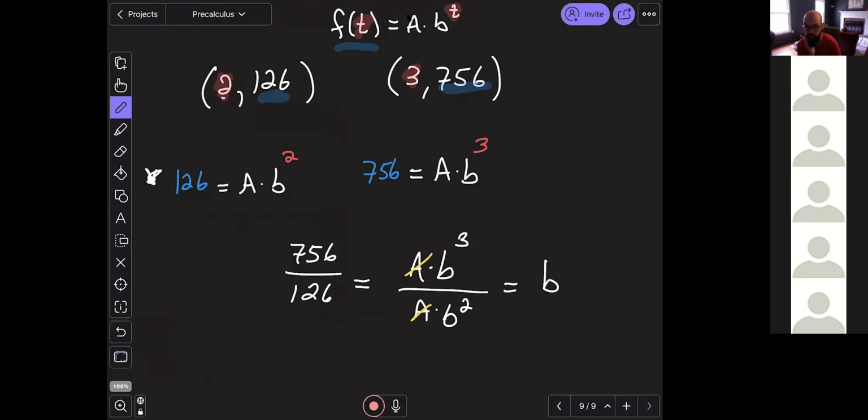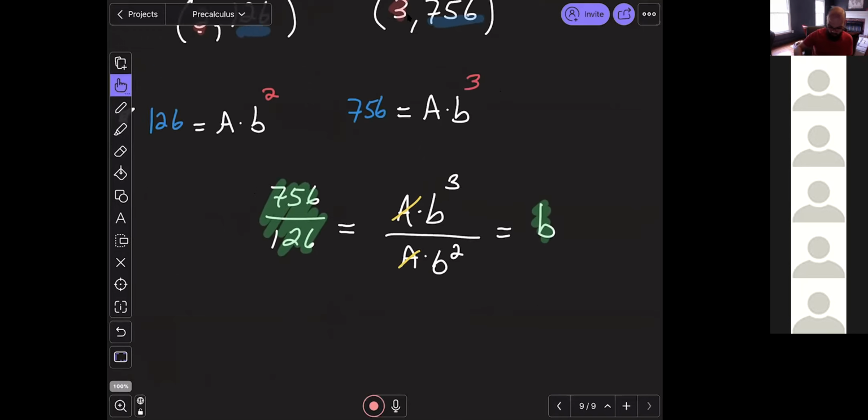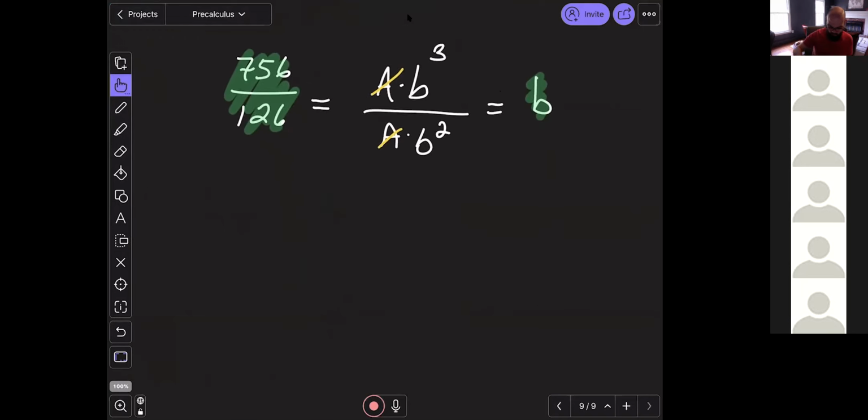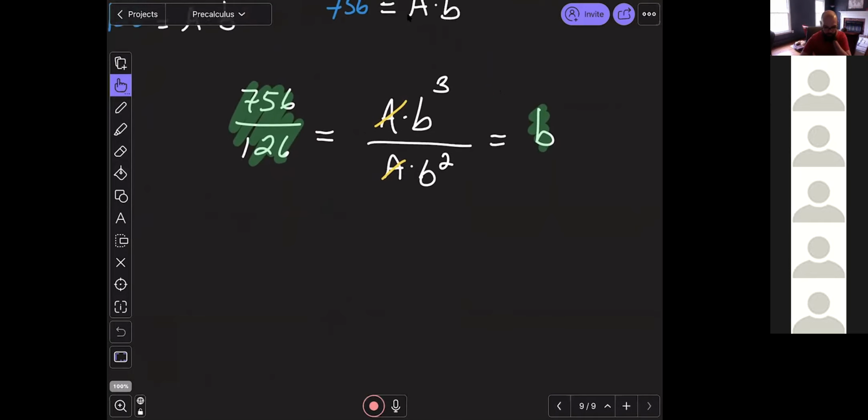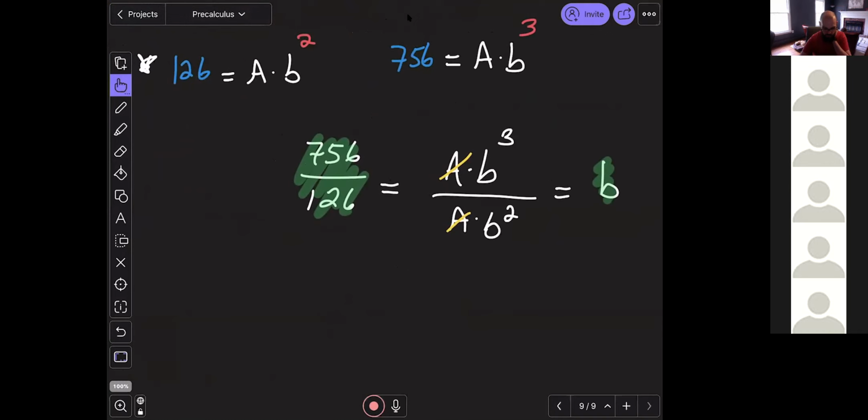So what this gives me is the information that the b that I'm looking for is going to have to be 756 divided by 126. Okay, so I have this information: b is 756 over 126. And now I need to figure out what a is.